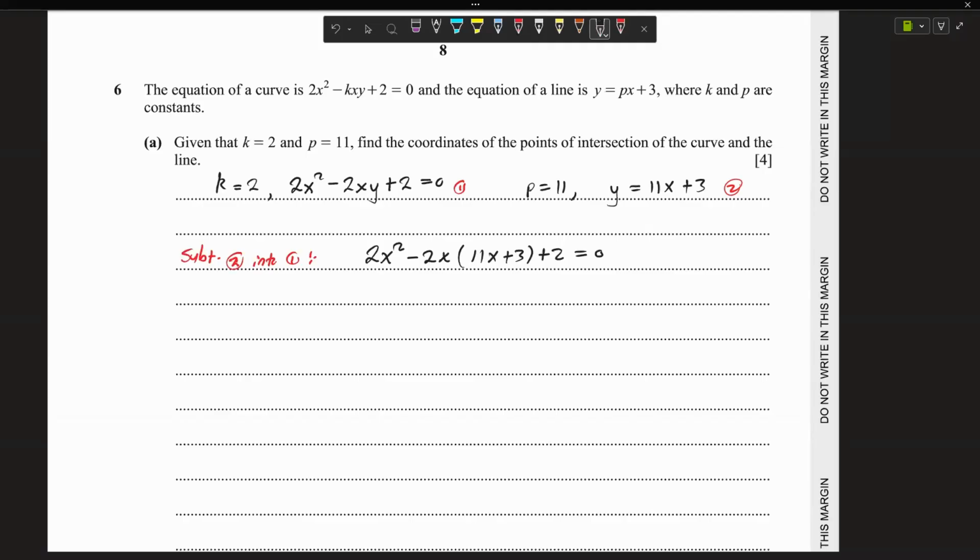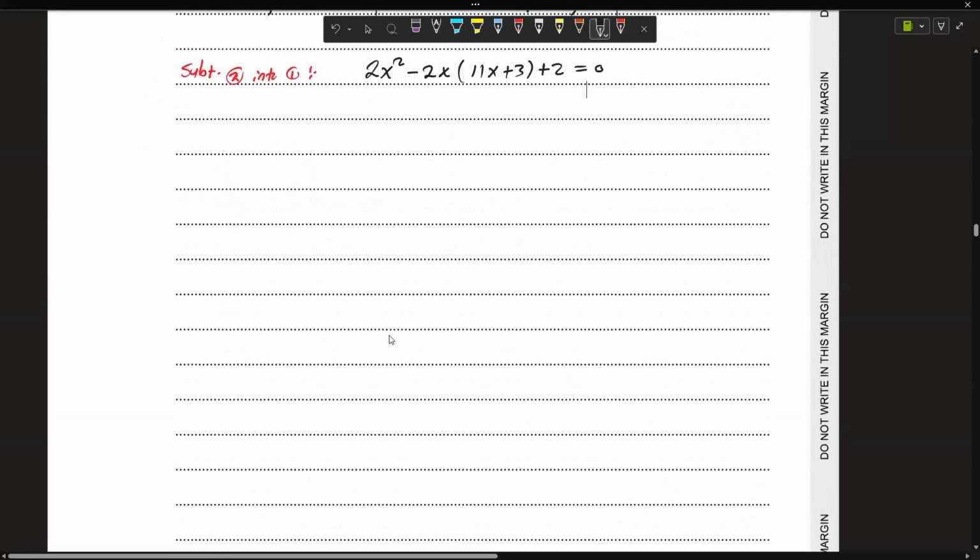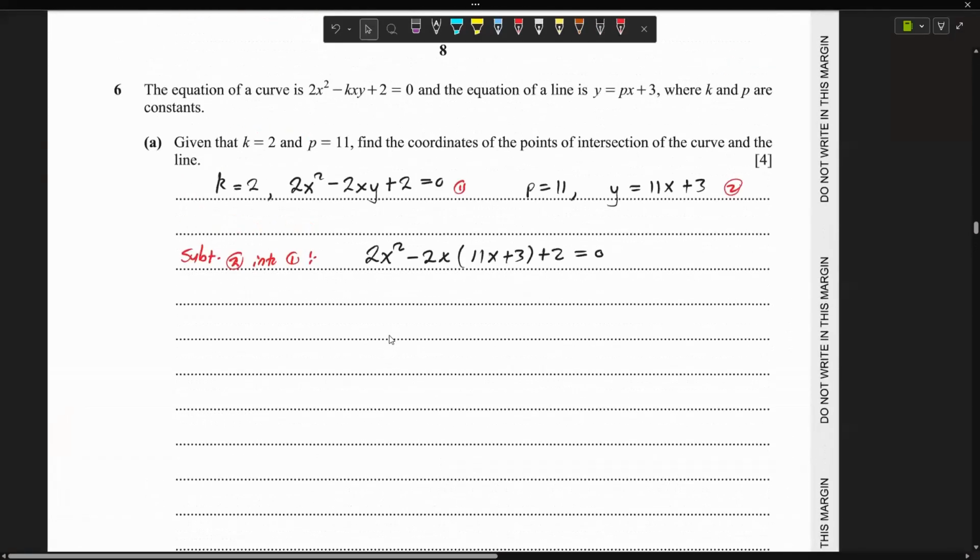So 2x squared minus 22x squared minus 6x plus 2 equal to 0.